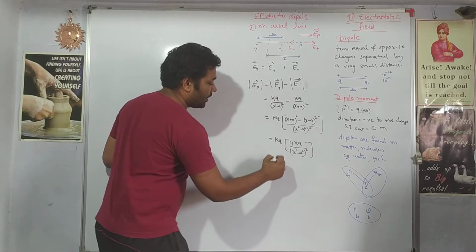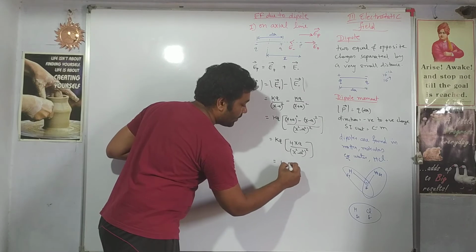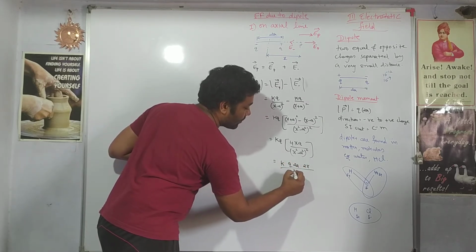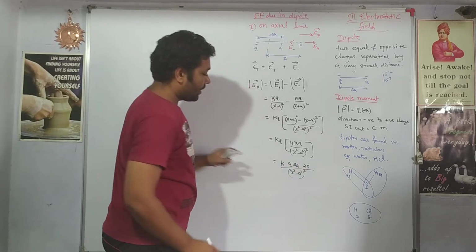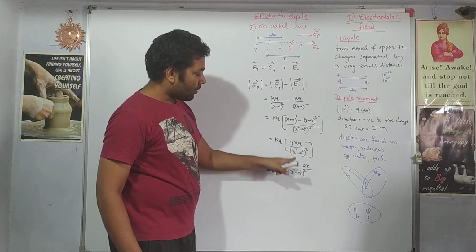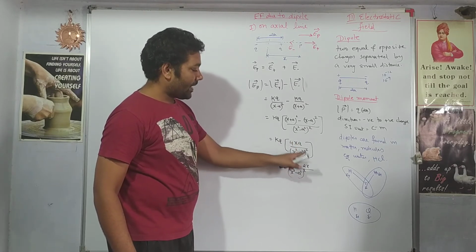Rearranging, KQ 2A, 2X upon (X square minus A square) whole square. The same numerator, just rearranged: K, Q, 2 2s are 4, then A and X.